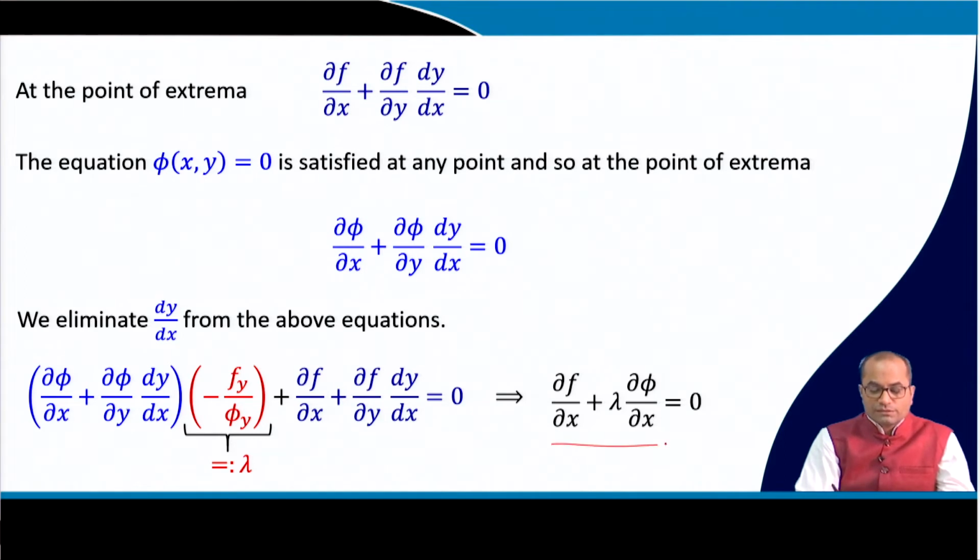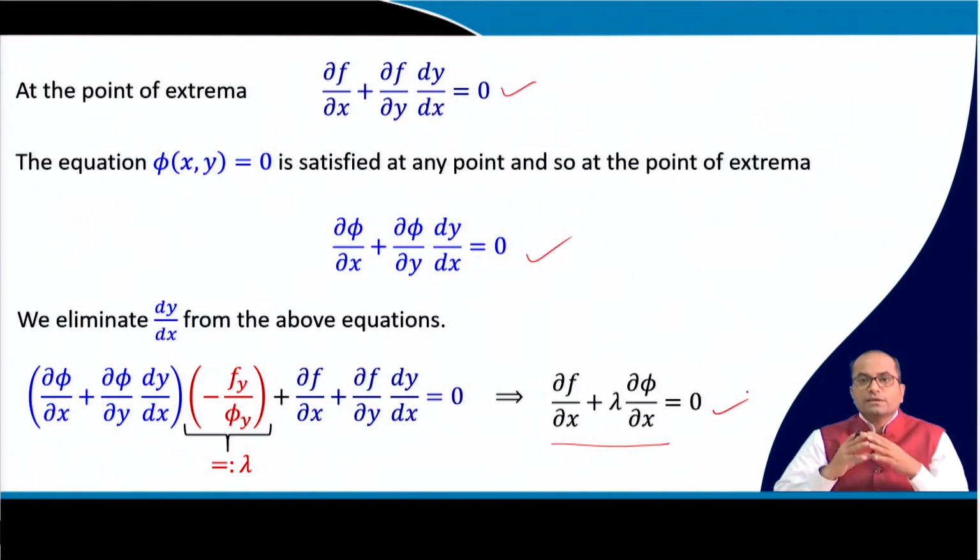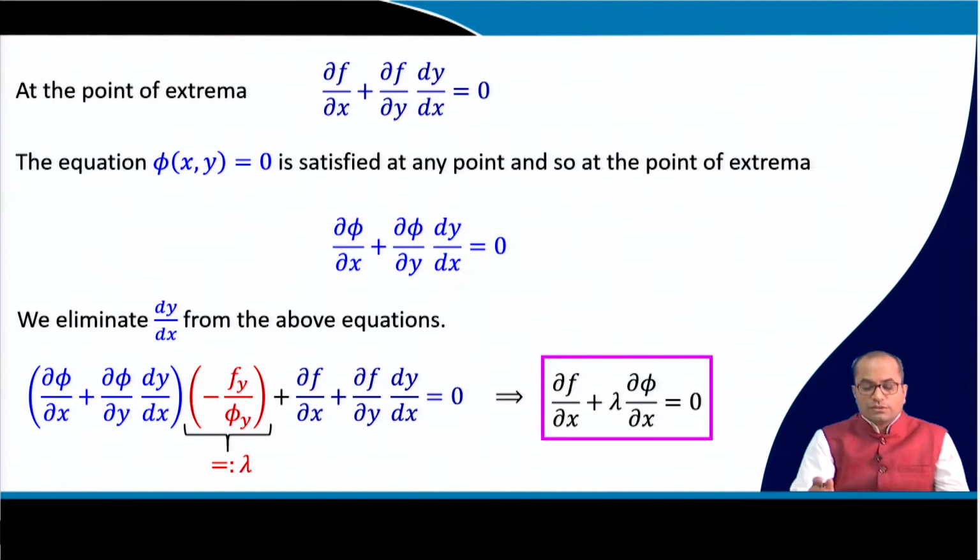So, this equation is simple now: del f over del x plus lambda del phi over del x. All these equations, whether this one or this one, satisfy at the point of extrema. This is one equation which has to be satisfied at the point of extrema.